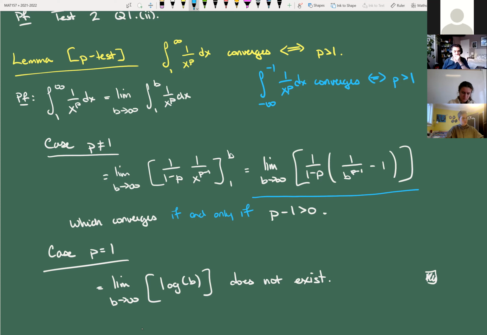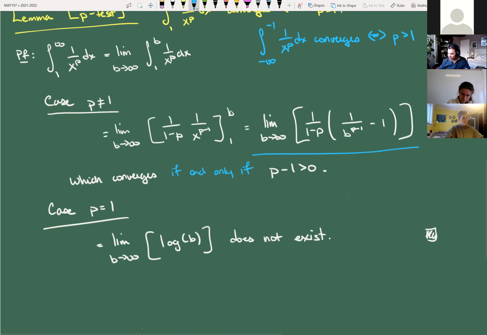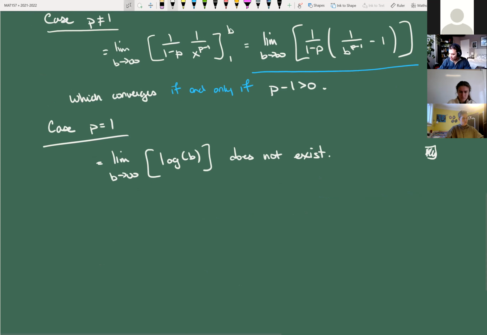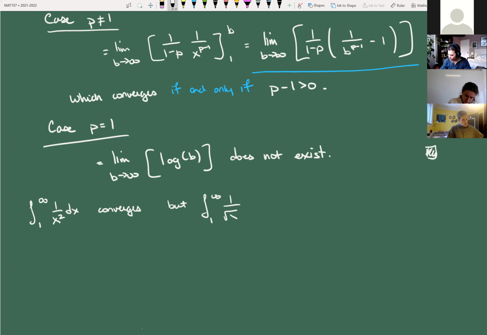Okay. So hopefully that takes care of it. And again, right, what does this say? Let me just maybe write one of these down explicitly. The integral from 1 to infinity of 1 over x squared dx converges, but the integral from 1 to infinity of 1 over the square root of x diverges, right?